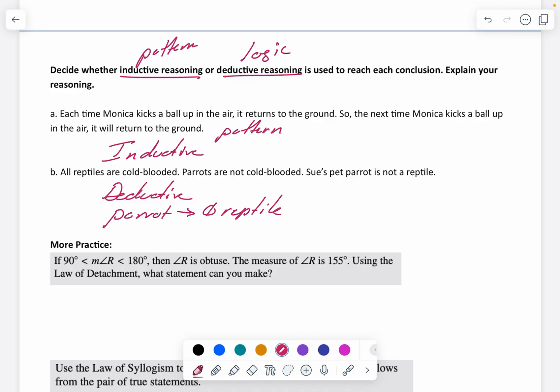And then we know reptiles are cold-blooded. So if it's not a reptile, it can't be cold-blooded. So there we go.